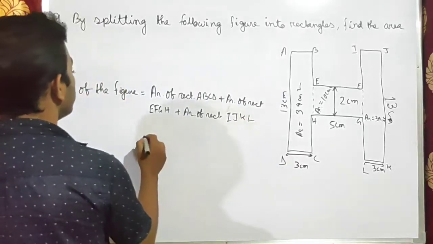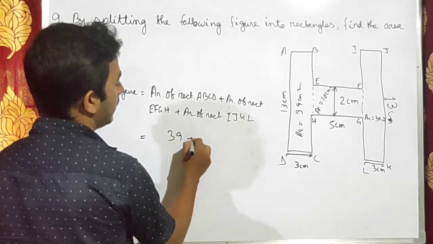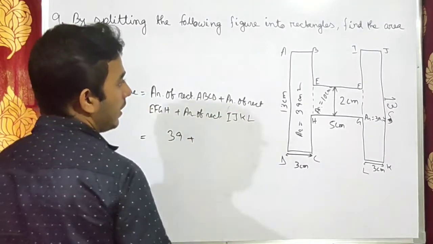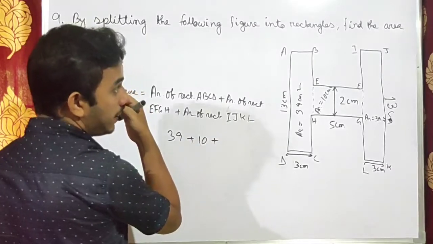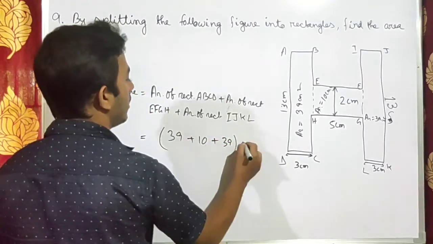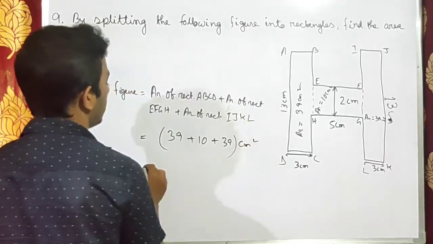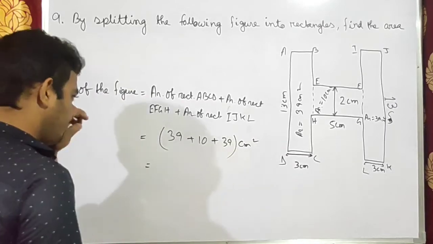Clear? Okay. So here area of rectangle ABCD is how much? 39. Then area of rectangle EFGH is how much? 10. Then area of rectangle IJKL is how much? 39. And we will take centimeter square common from all these three areas. Okay. Now 39 plus 39 is how much?